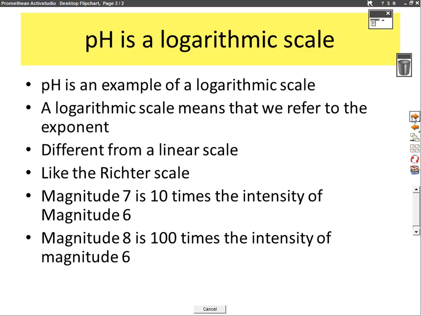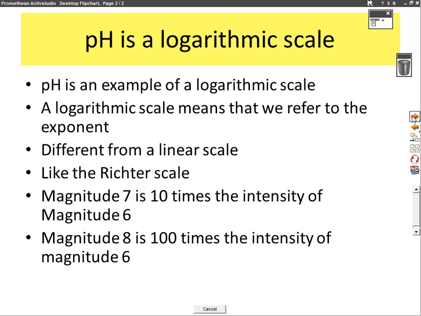The Richter scale measures the intensity of an earthquake. You might hear on the news there was an earthquake of a Richter scale rating of 6, or a Richter scale of 7. So it's not just one more in intensity. It's referring to the power of 10.